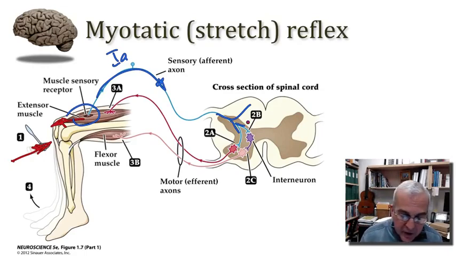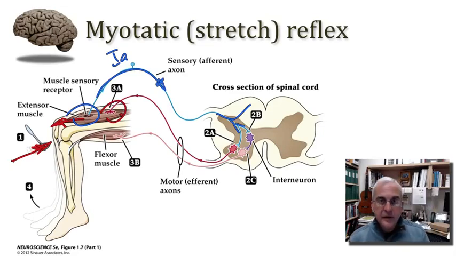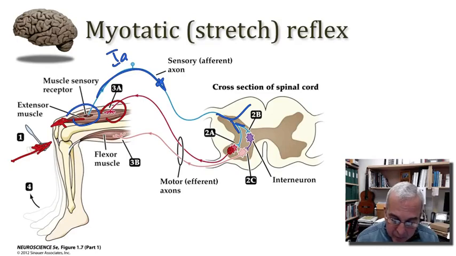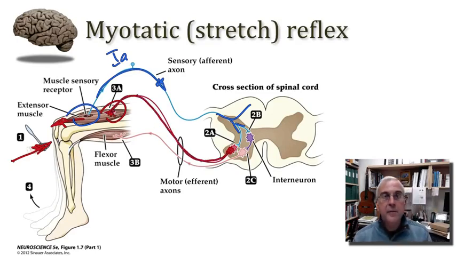So in order to have contraction of this extensor of the leg, we have to have a motor output from the relevant motor unit that supplies the very muscle that was stretched. And this happens because the afferent fiber makes a monosynaptic excitatory connection on this alpha motor unit.